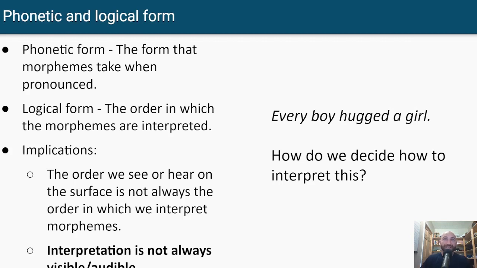So the question then is, how do we decide how to interpret this? So the key would be the context. It would be, okay, is there some girl in the context, some salient individual that leads us to interpret a girl as one specific girl, or do we know from the context that there are multiple girls involved? So that is what is going to disambiguate this sentence.